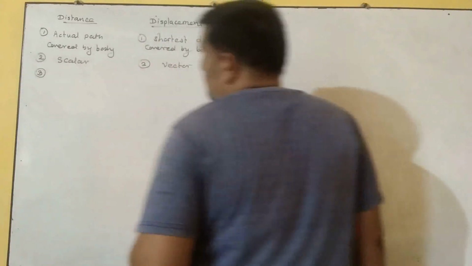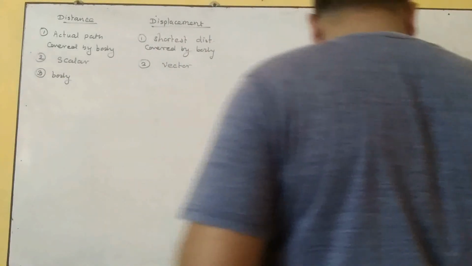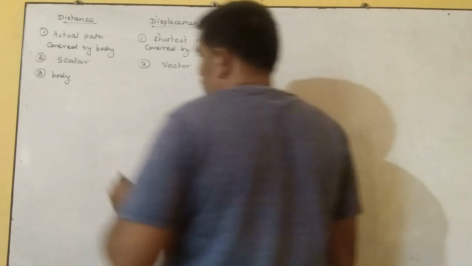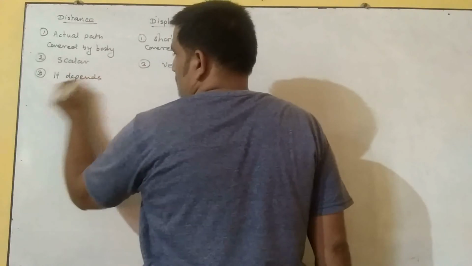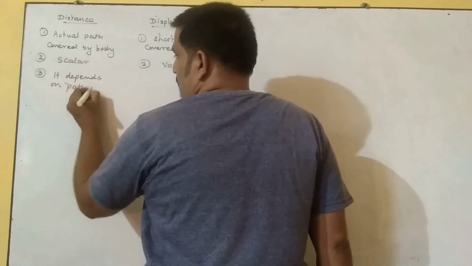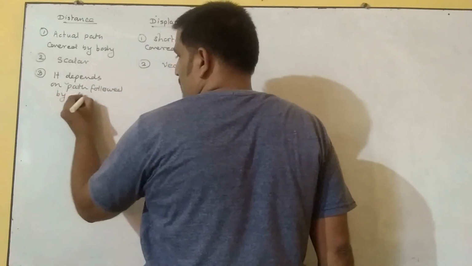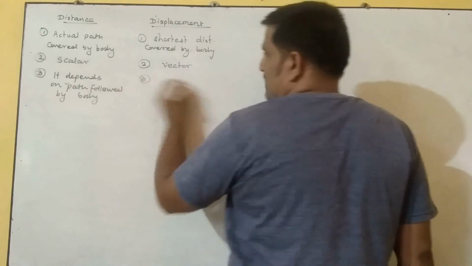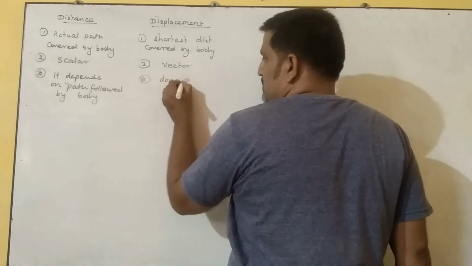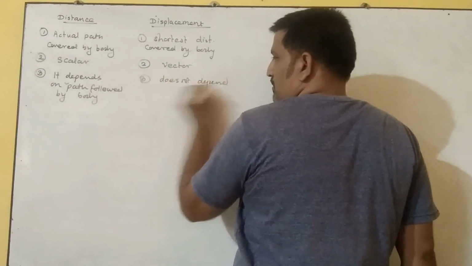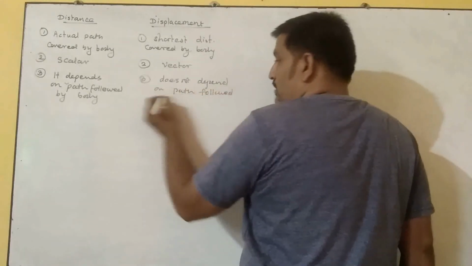Let's see the third. Distance depends on the path followed by the body, but displacement doesn't depend on the path followed by the body.